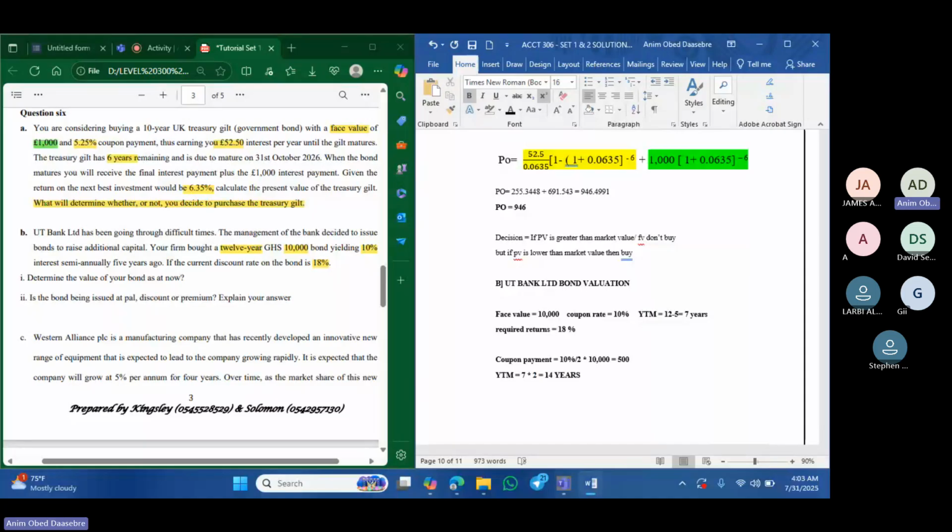And the required return of 18% divided by 2 periods gives us 9%.